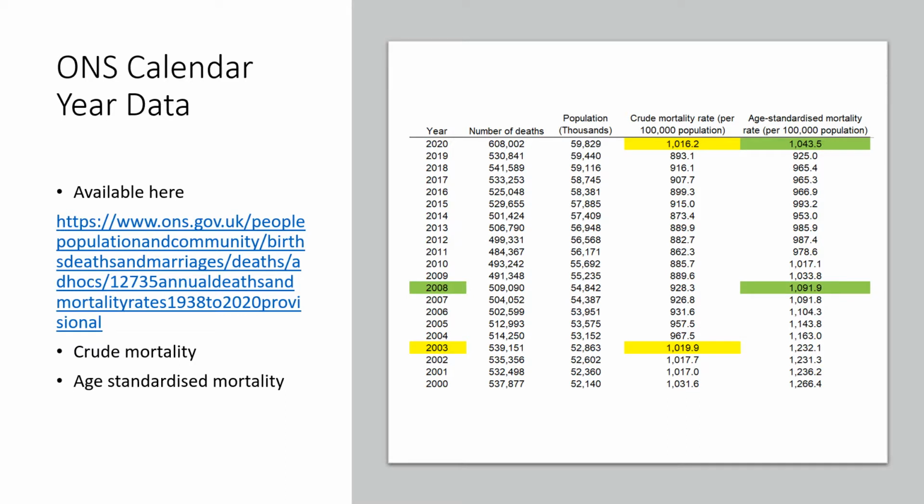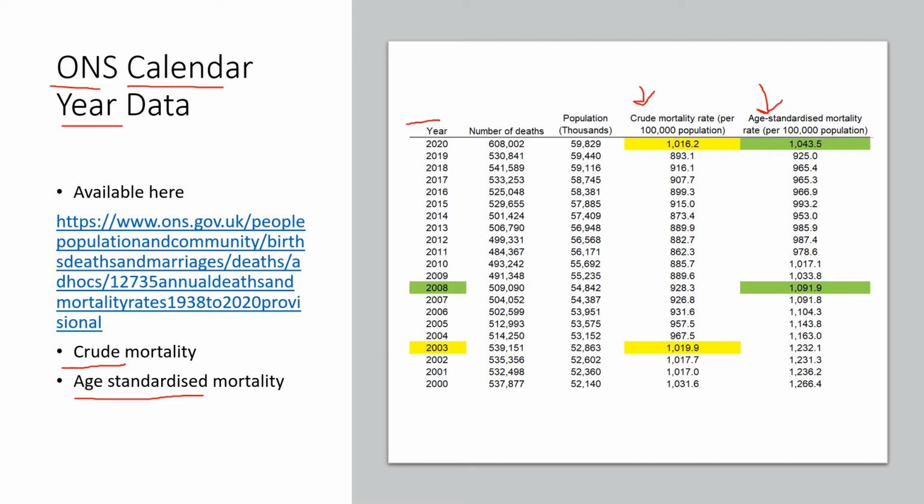So this is the data from the Office for National Statistics, and it's calculated on a calendar year basis, so it looks at the number of deaths running from the 1st of January to the 31st of December of a given year. Two statistics are given: the crude mortality and the age standardised mortality. The crude mortality is the number of deaths divided by the population, whereas the age standardised mortality converts to a European standard population distribution.